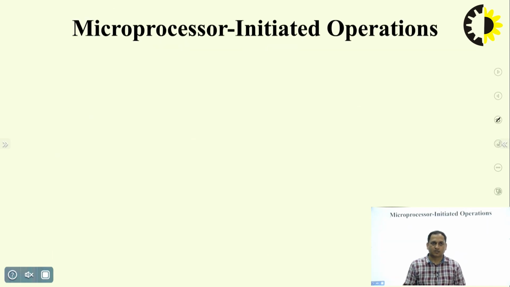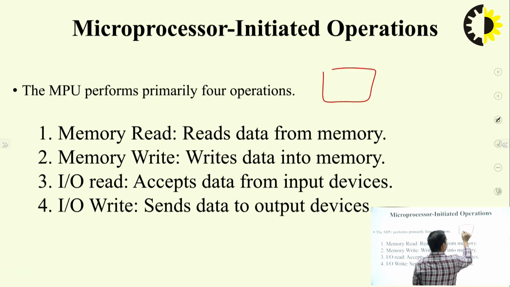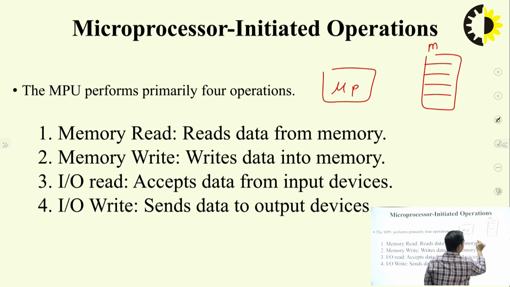First is microprocessor initiated operations. What it says is what operations can be performed that are initiated by the microprocessor. This is our microprocessor, this is our memory, and this one is our IO device.